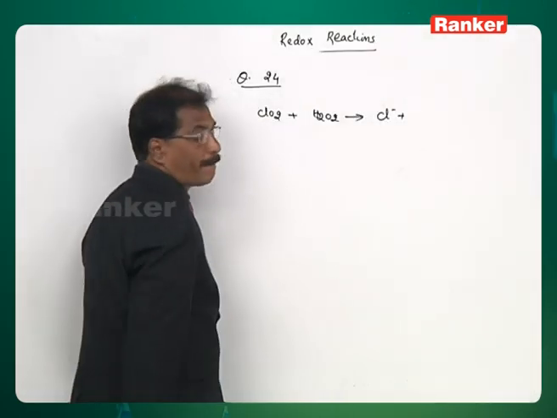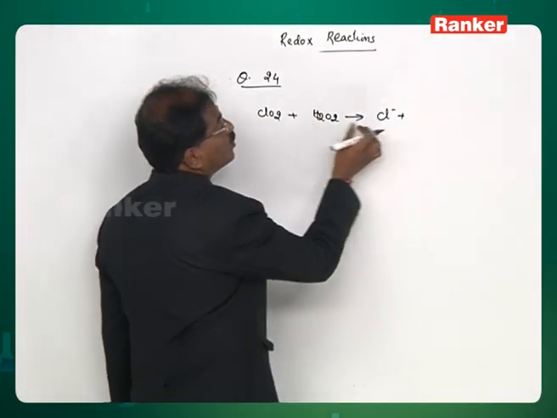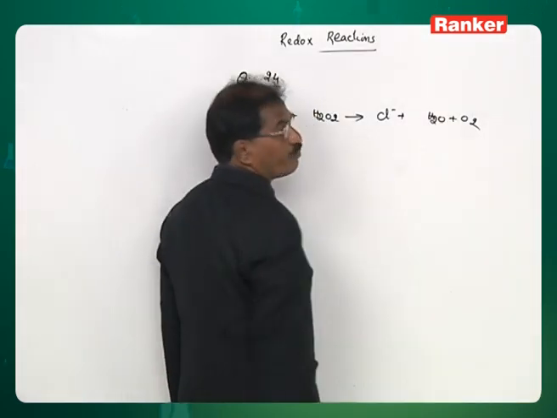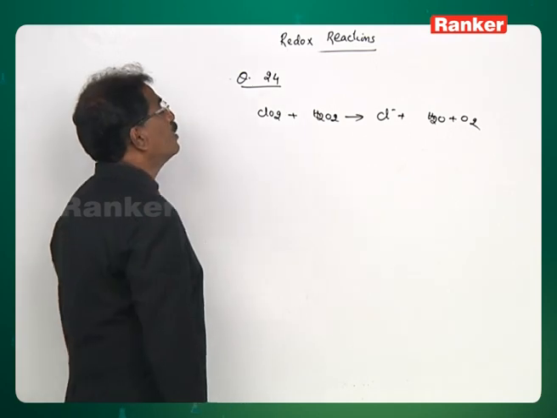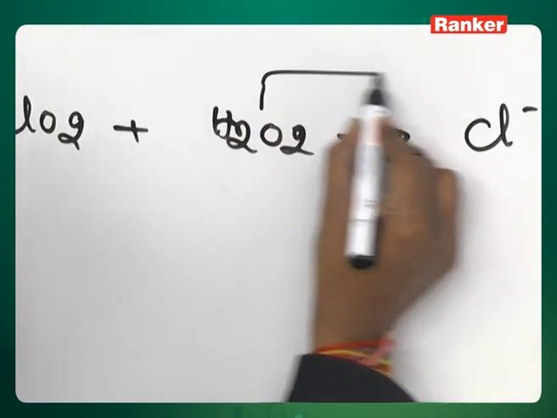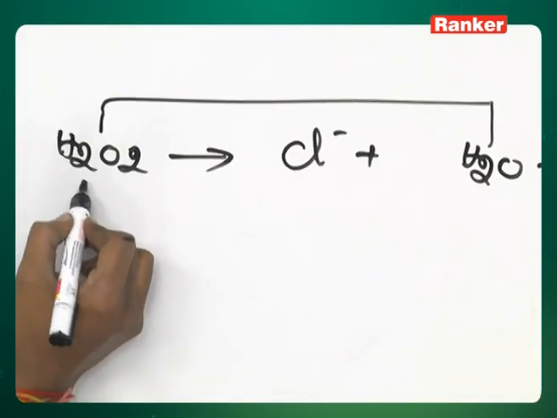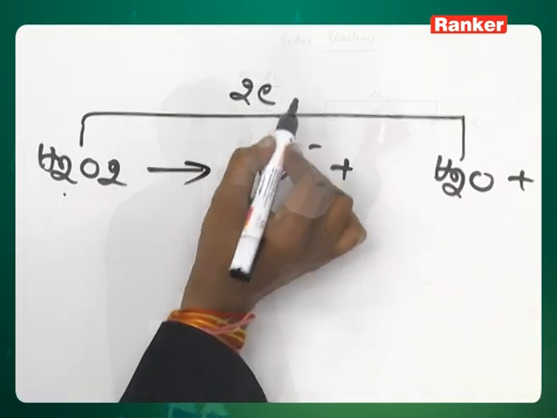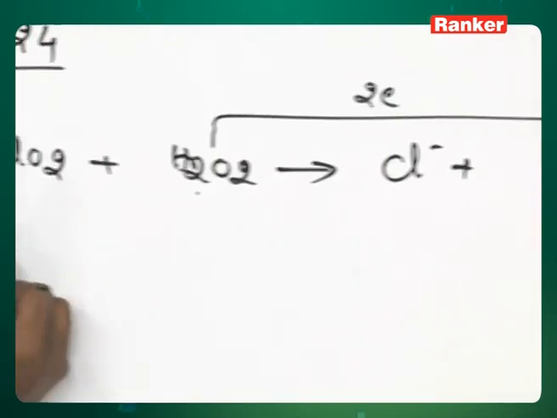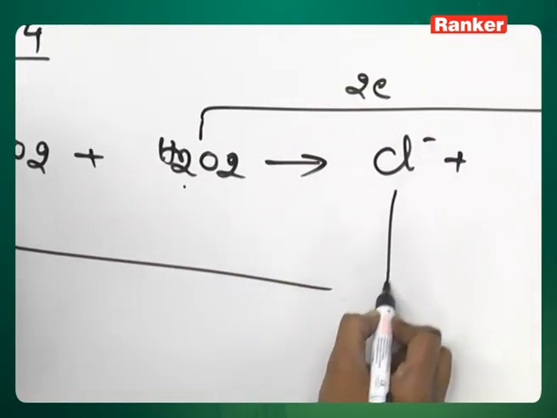H2O2 has been converted into H2O and O2. In general, when H2O2 acts as the electron supplier, that means a reducing agent, 1 mole always supplies 2 moles of electrons.